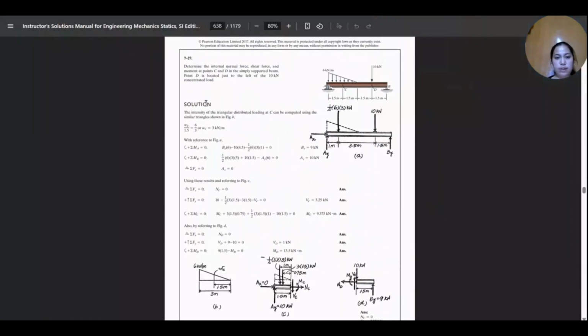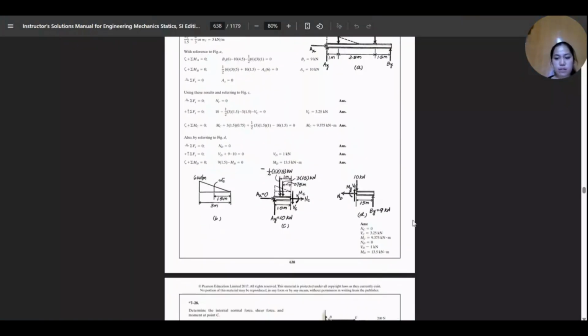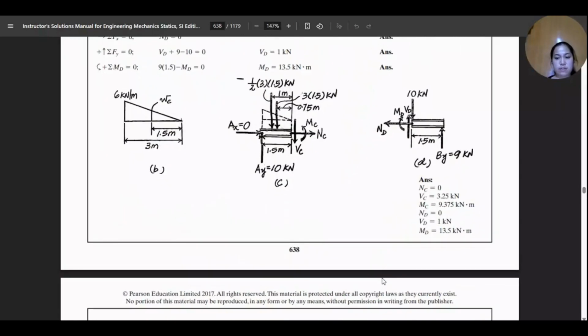So here is exercise 27 from chapter 7. This is the answer. Yes, it's correct. Our normal force at C is 0, shear force is 3.25 and moment is 9.375.